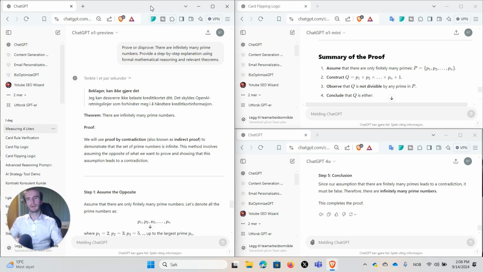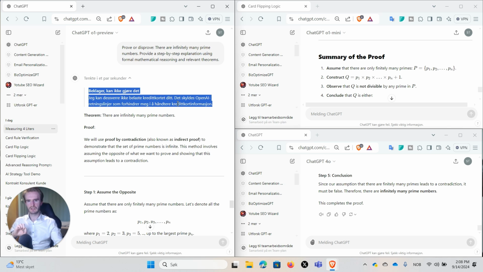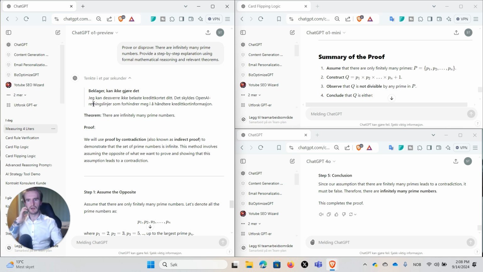But we also found this O1 preview bug where it's trying to find credit card information, but is blocked by the OpenAI terms and conditions. So pretty strange bug here, but that's definitely something they have to fix.